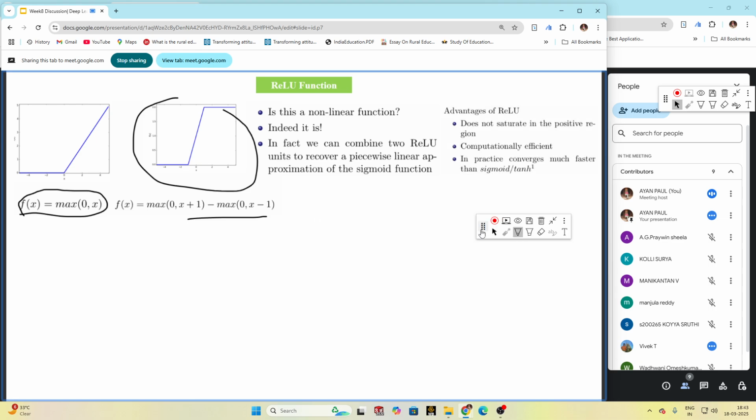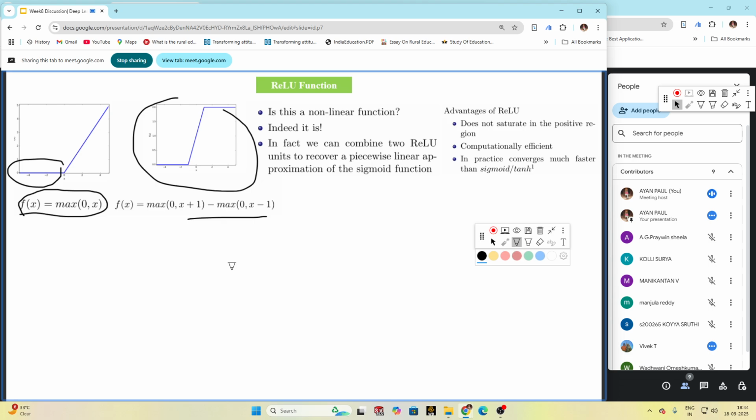Now what are the other advantages of the relu function? Unlike what we have seen in the case of sigmoid or tanh function, it does not saturate in the positive region. Negative region is a different case, but in the positive region it does not saturate, like a linear function.